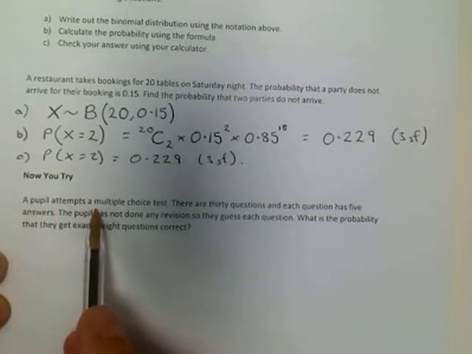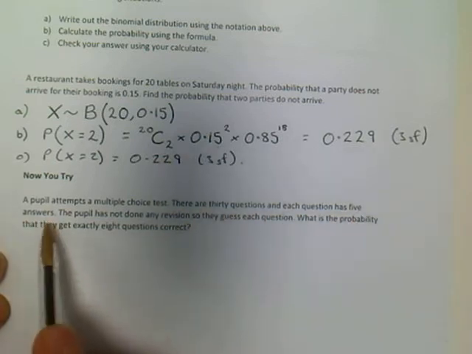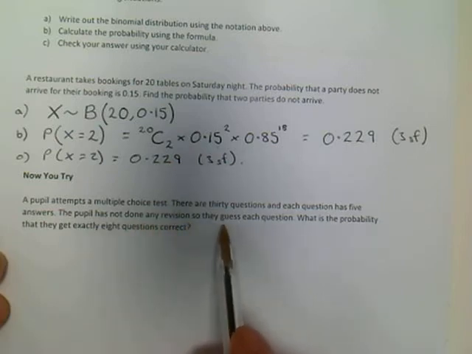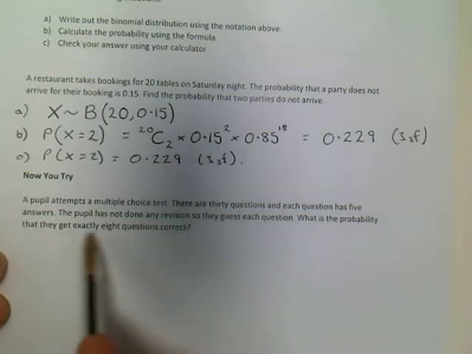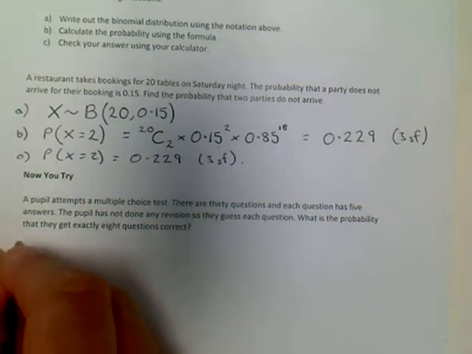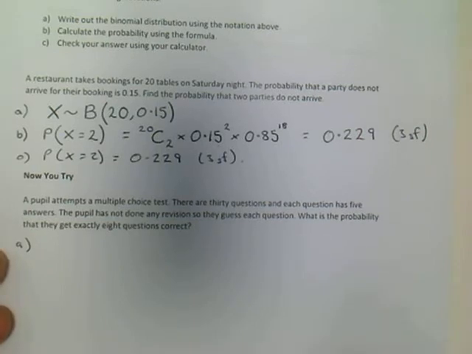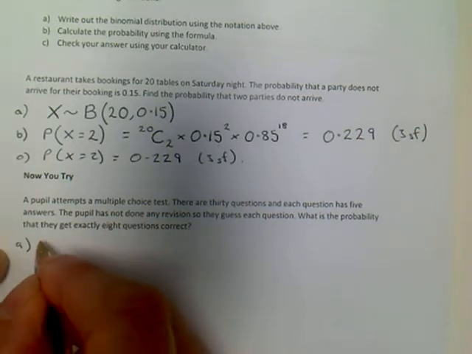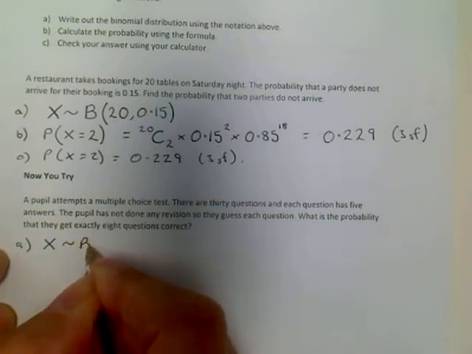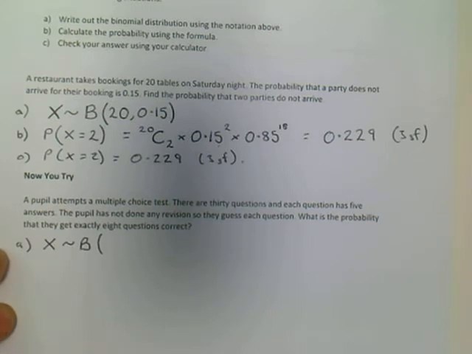So a pupil attempts a multiple choice test. There's 30 questions and each question has 5 answers. The pupil has not done any revision, so they guess each question. What is the probability that they get exactly 8 questions correct? Okay, so let's do the first part of this, which is to write out the binomial distribution. So I'll use x as my variable, is distributed binomially.